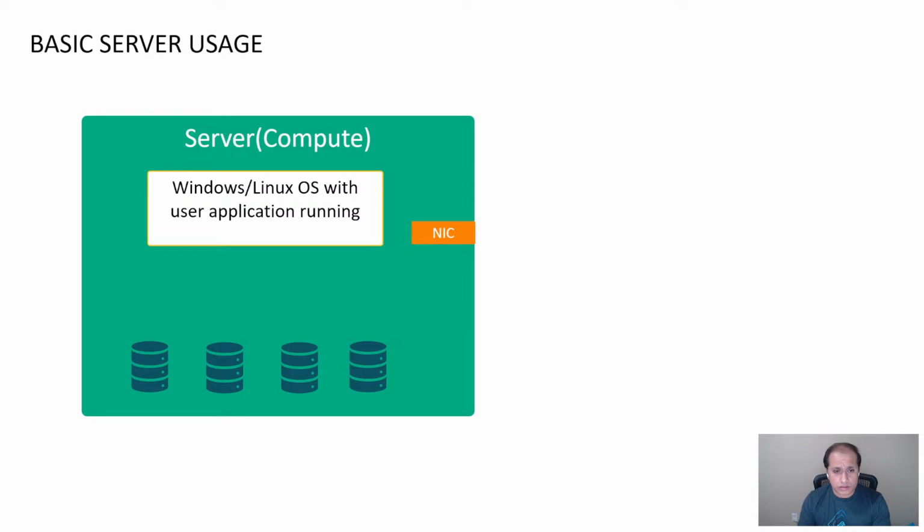The customer, when he buys these servers, is going to install a Windows or Linux OS. Twenty years back, Windows was more popular; Linux was still catching up to Windows. And he's going to run his own user applications. These user applications can be a database application or a banking application, such as dBASE or FoxPro, or there were many old databases that people used to use.